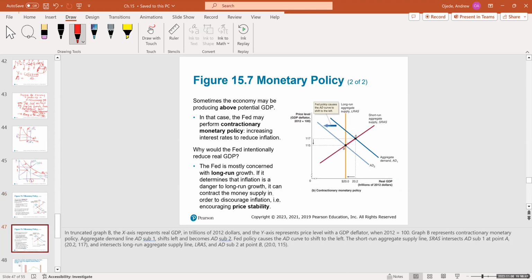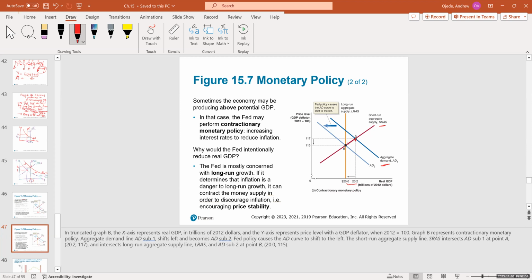If the economy is producing beyond full employment, like point A, that's what we call an inflationary gap. There's an inflationary gap of $200 billion because this is 20.2 trillion and this is $20 trillion here. So if the economy is producing at point A, where the intersection between the short-run aggregate supply curve and aggregate demand is to the right of the long-run aggregate supply curve, then there's an inflationary gap of $200 billion.